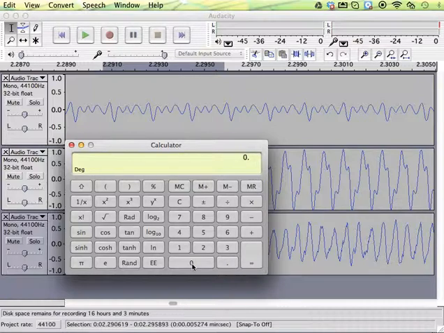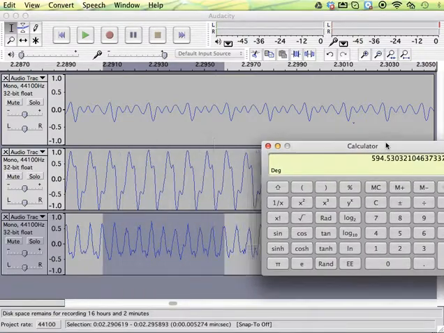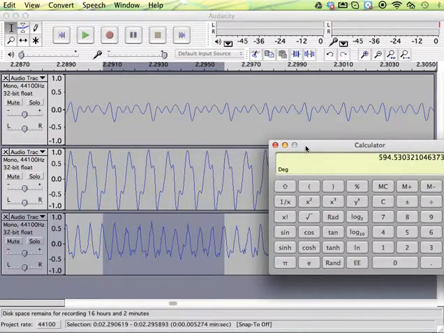Alternatively, we had the 0.008410 time for 10, so divided by 10 to get the time for 1, invert, and we have 1189 Hertz. Now if we divide that by 2, we get 594. So the frequency of the second example is twice that of the first.